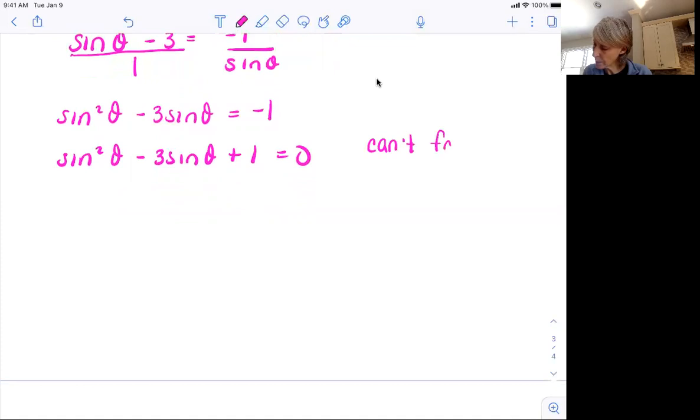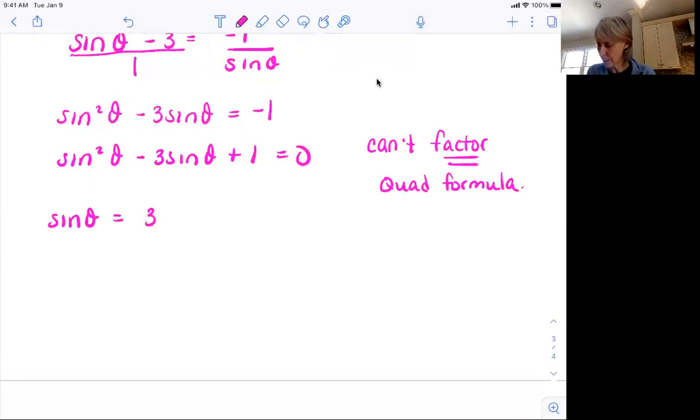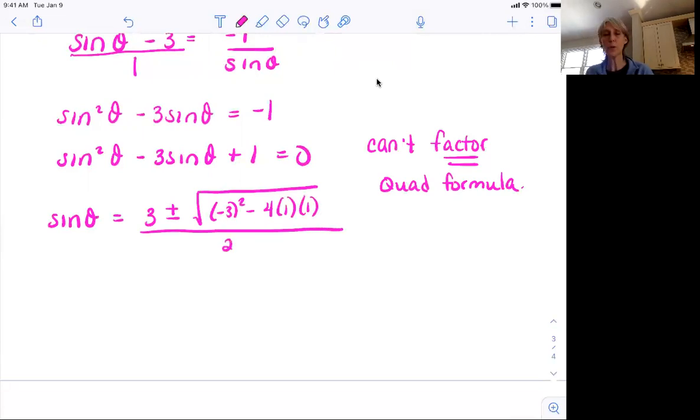And I don't think we've dealt with a problem like this in this unit yet. So what are we going to do when we can't factor? We have to remember our quadratic formula is a useful method to help us solve equations. So when we apply the quadratic formula, we get sine of theta, because that's our variable, equals -b plus or minus the square root of b squared minus 4 times a times c all over 2a.